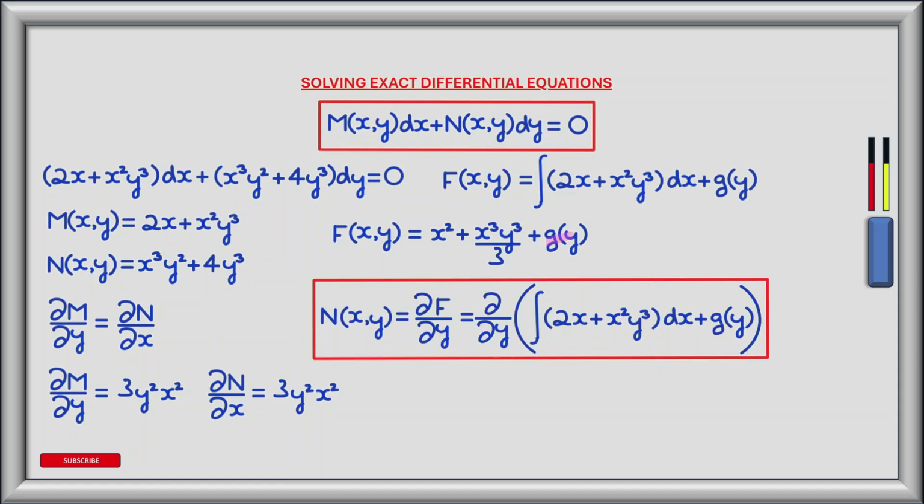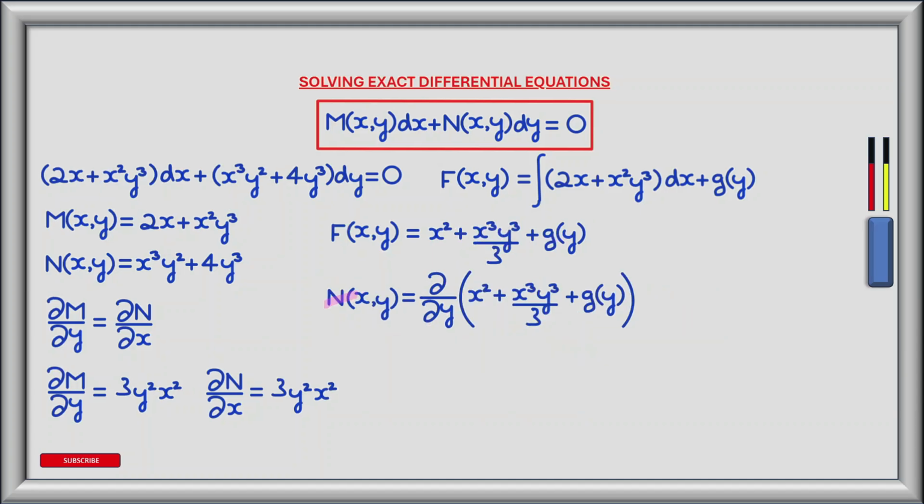Now, to find the function g, we can equate the function n to the partial derivative of f with respect to y. And we now know that, having evaluated the integral, f is equal to x² + x³y³/3 + function g.